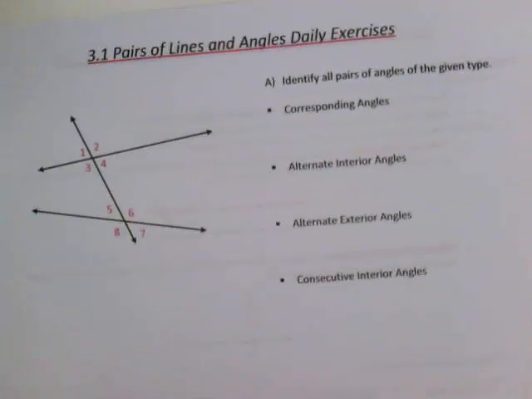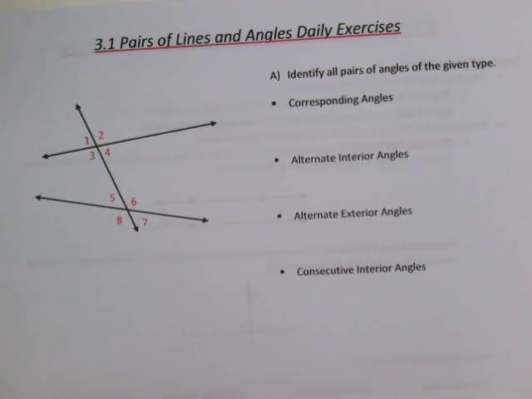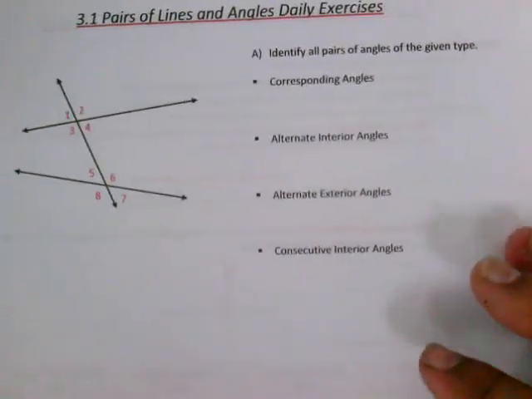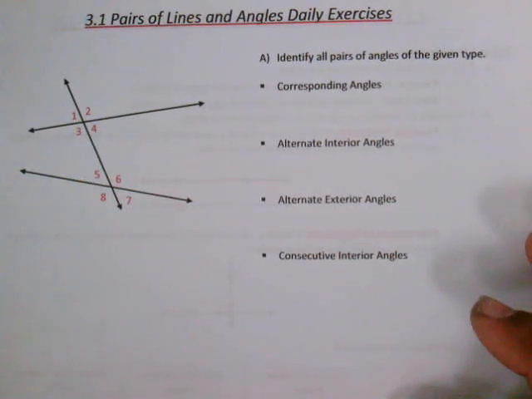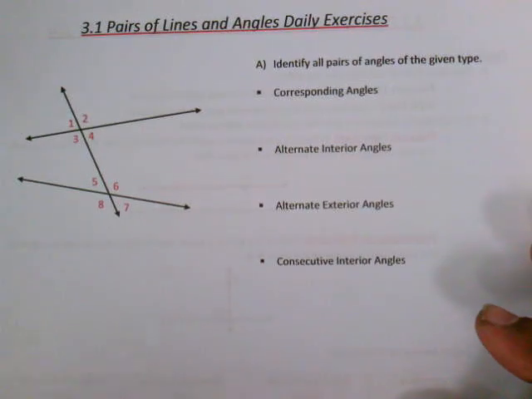Now, for today's daily exercise, let's take a look at this. First of all, they want some vocabulary level questions here. They really want us to identify each of the pairs of angles. They want us to practice looking at these things and knowing what they're called. So once again, we have two lines and one line is cut across them.